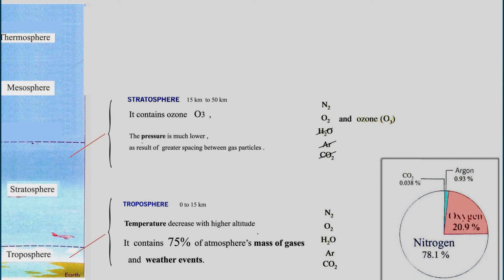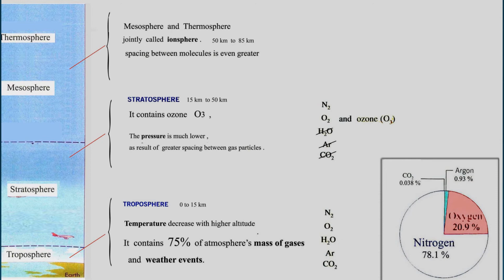Now you start to realize they are still retaining the main component gases, oxygen and nitrogen, but you don't see cloud anymore. You don't see argon or carbon dioxide anymore. All the small component gases disappear. You are only left with oxygen and nitrogen. And this is the layer where the ozone layer is.